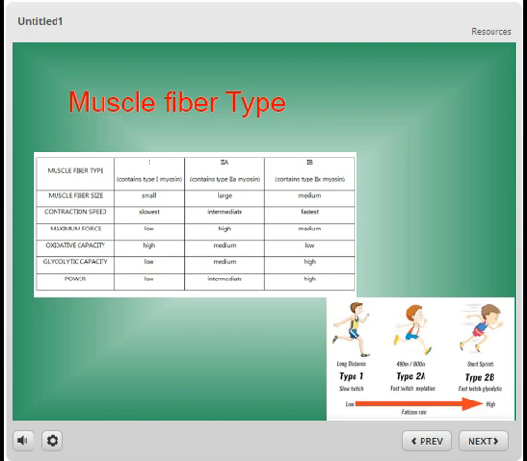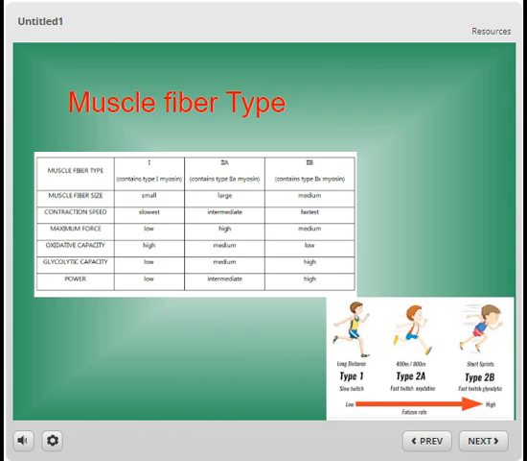These fibers have high endurance and fatigue resistance, and are rich in mitochondria, myoglobin, and capillaries, giving them a red appearance and a slow contraction speed. They are primarily used for aerobic activities and endurance exercise, e.g. marathon running, long distance cycling.